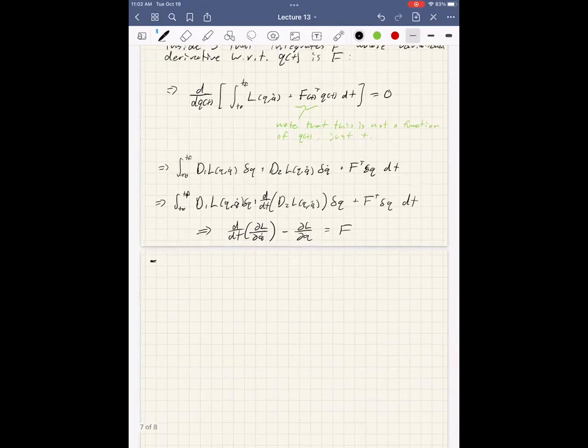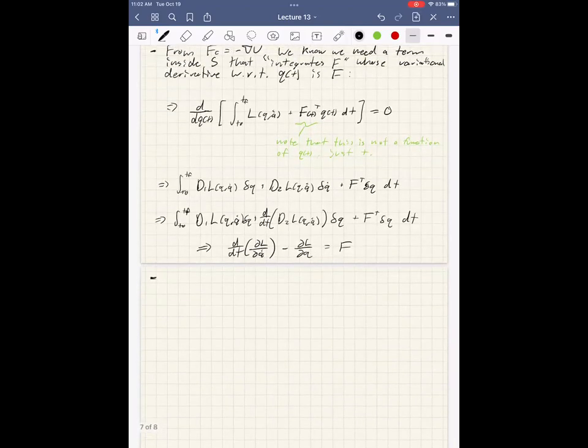Nope. Okay, so this thing is called the Lagrange-D'Alembert principle. Has anyone heard of D'Alembert's principle before? Show of hands.